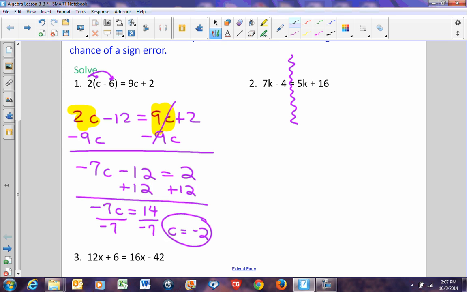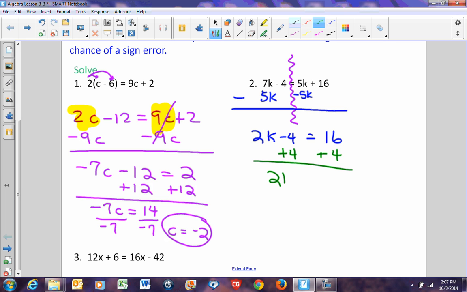So I could subtract 5k from the left-hand side and subtract it from the right-hand side. And I will get 7k minus 5k is 2k, minus 4 equals 16. If I add 4 to both sides of the equation, I now have 2k equals 20. Divide by 2, k will equal 10.